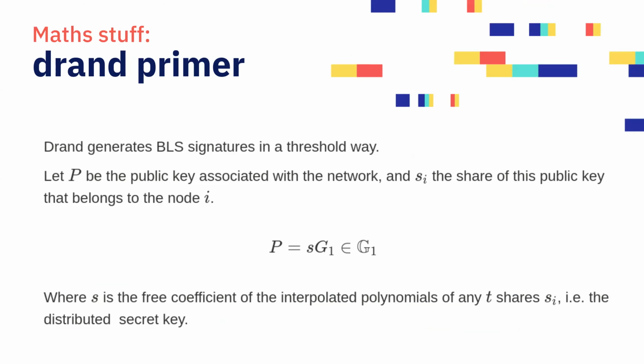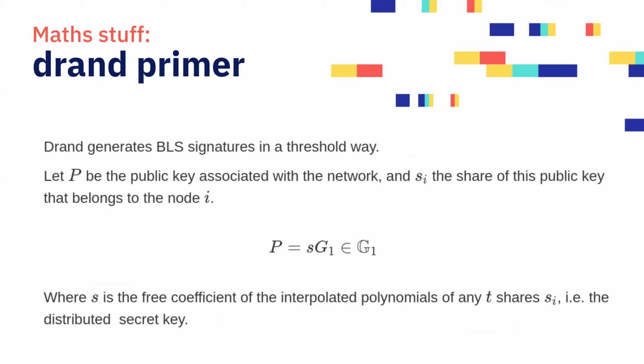So I've been talking a lot about signatures, right? So maybe I should recall a bit what BLS signatures look like. We have a secret S, which is basically just an integer. We multiply a generator, for example here G1, with that secret, and we get a point P on the elliptic curve G1. That point P is really just S times G1.